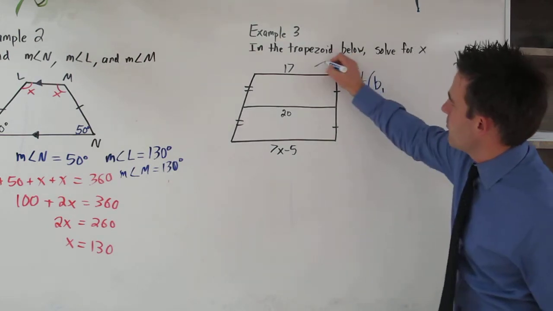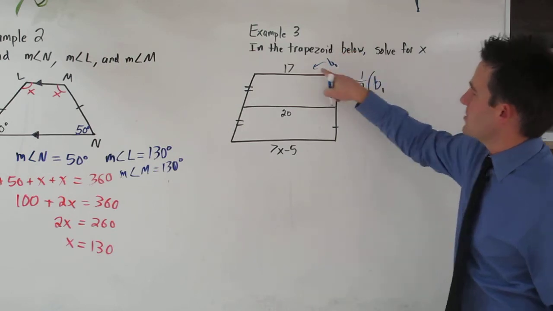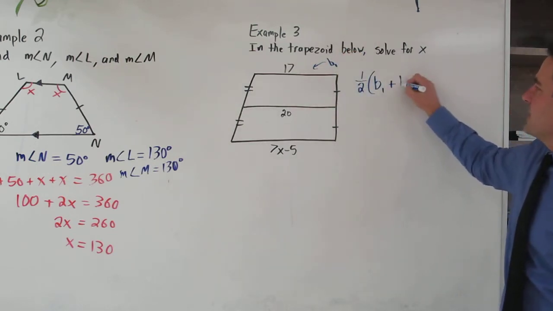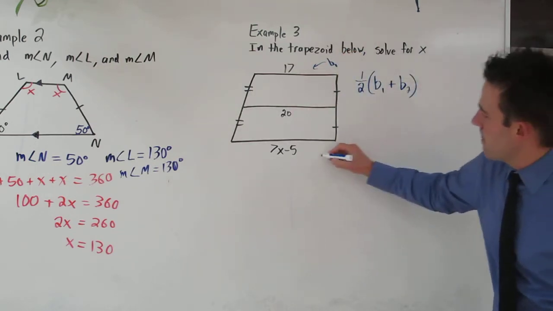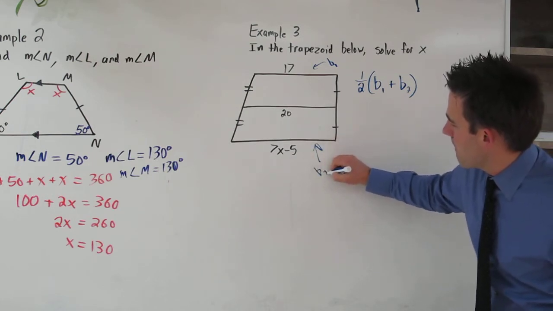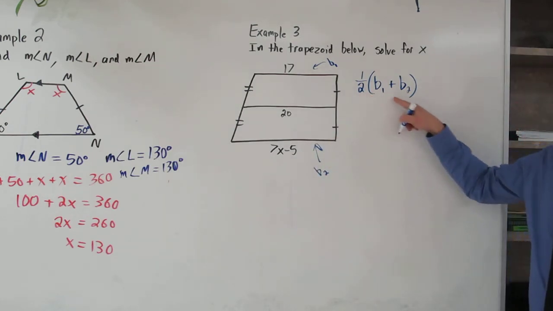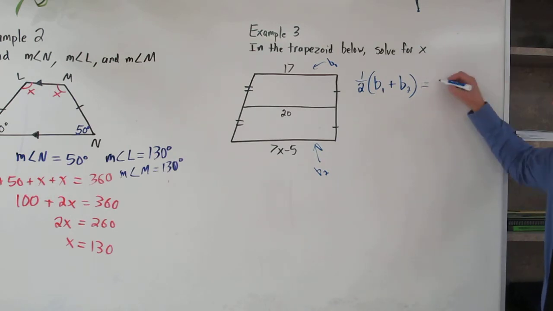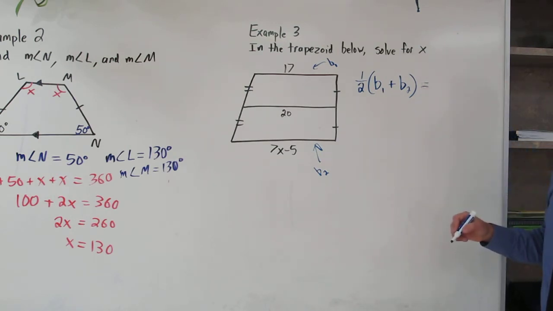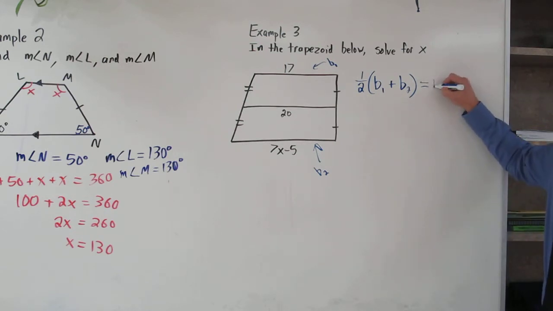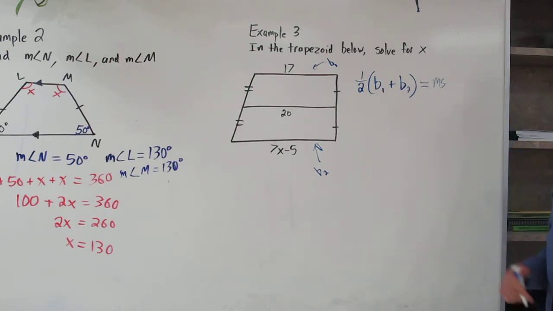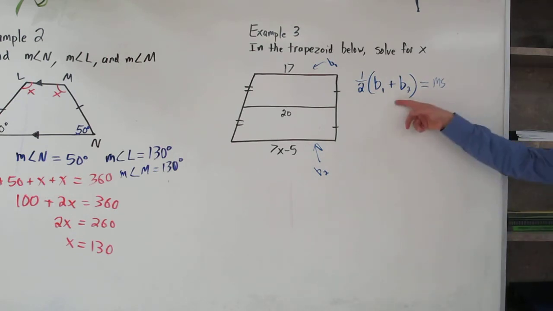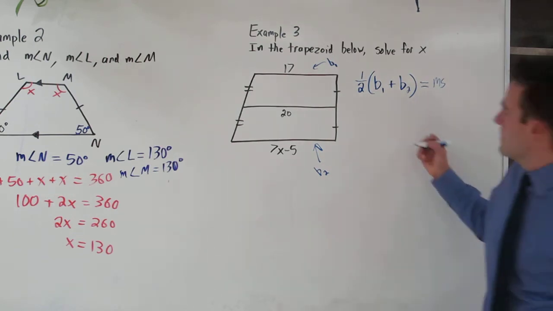If you take base 1, here's base 1, and you add it to base 2, and cut that value in half, that will tell you the length of the mid-segment. We'll abbreviate that with MS. All right, so let's fill in these values and see what we get.